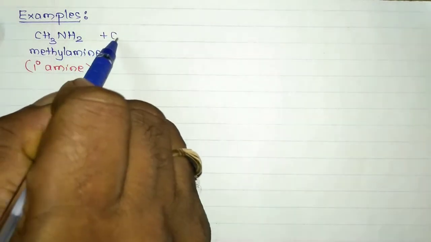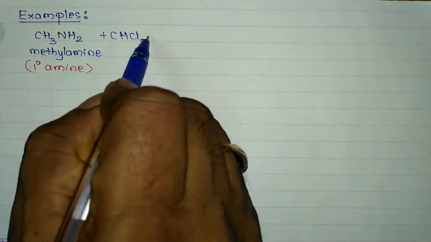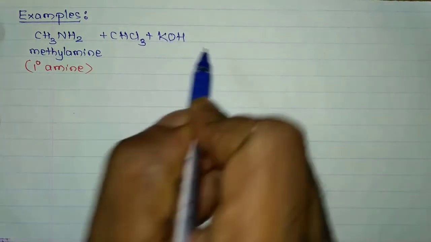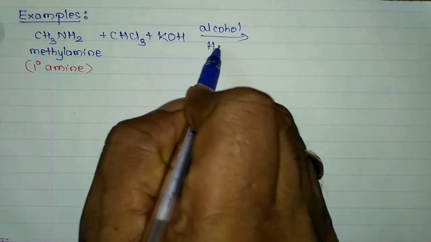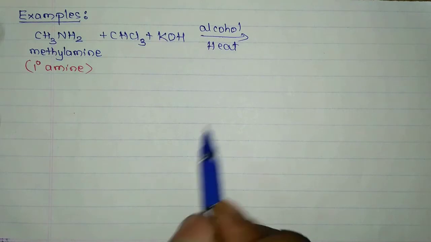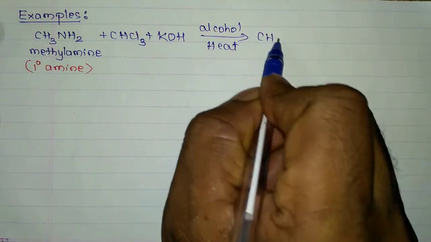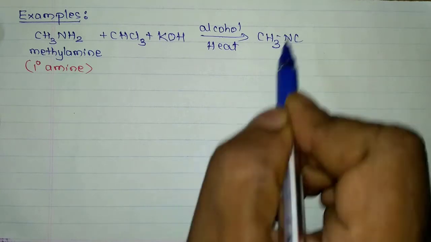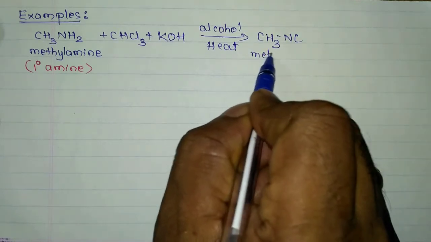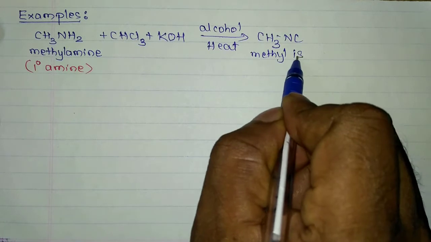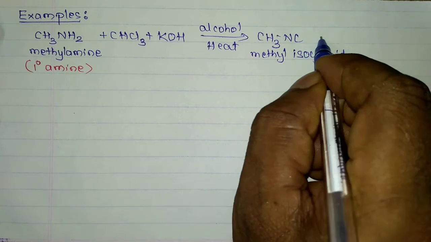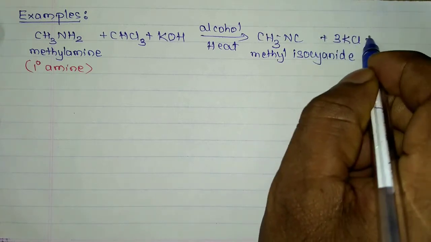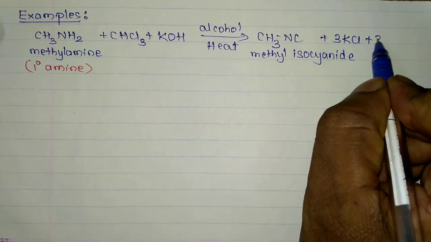When methylamine is heated with a mixture of chloroform, CHCl3, and alcoholic potassium hydroxide solution, you are going to get methyl isocyanide, CH3NC, plus KCl plus H2O.